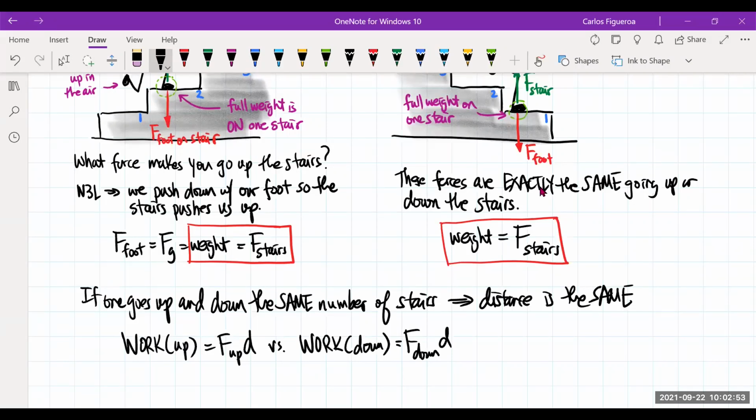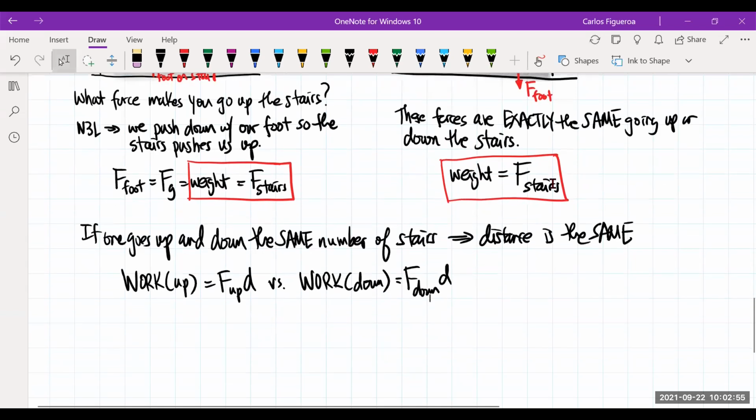These quantities are exactly the same because the forces are the same and the distances are the same. And as a consequence, the work going up must equal the work going down.